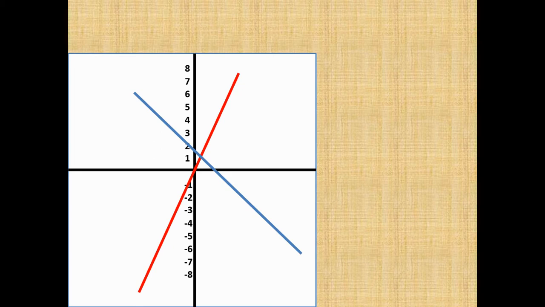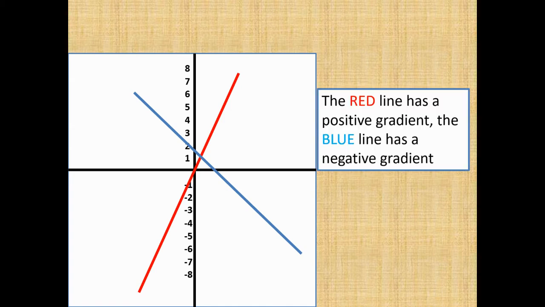If you read this line from left to right, you can see that the blue line is going downwards. So that's an example of a negative gradient. So the red line has a positive gradient because it's going upwards from left to right, and the blue line has a negative gradient because it's going downwards from left to right.